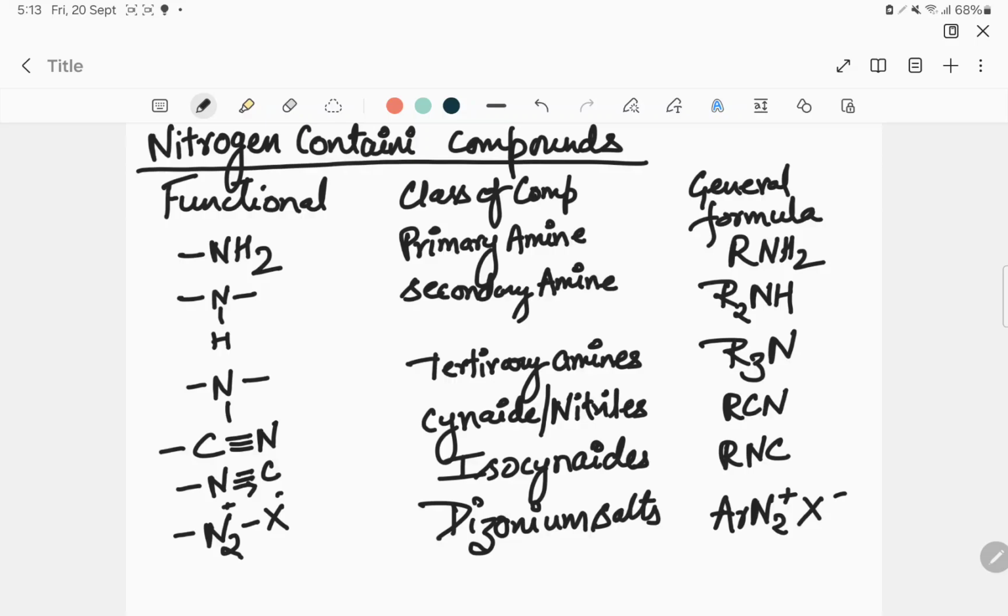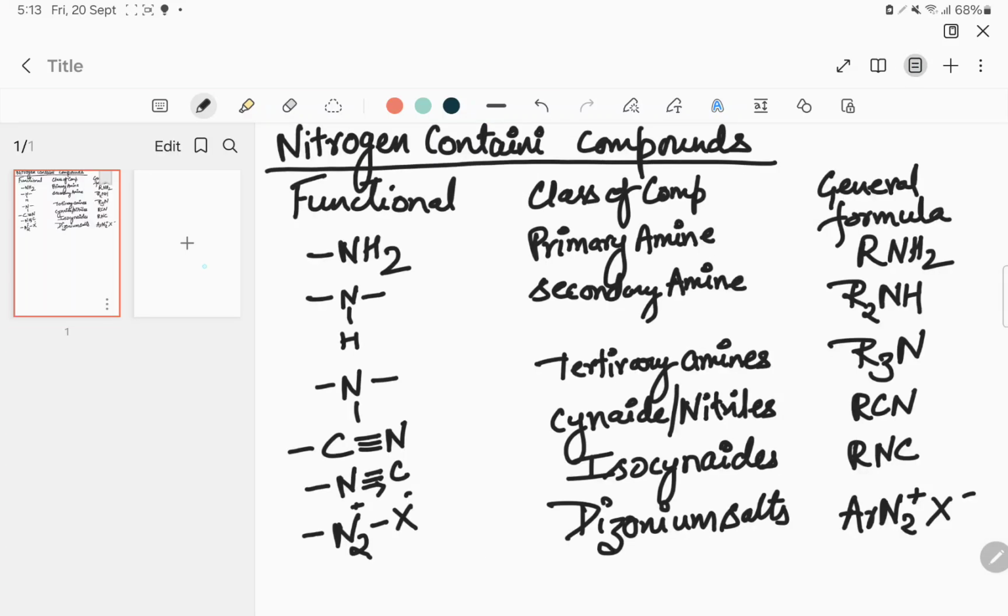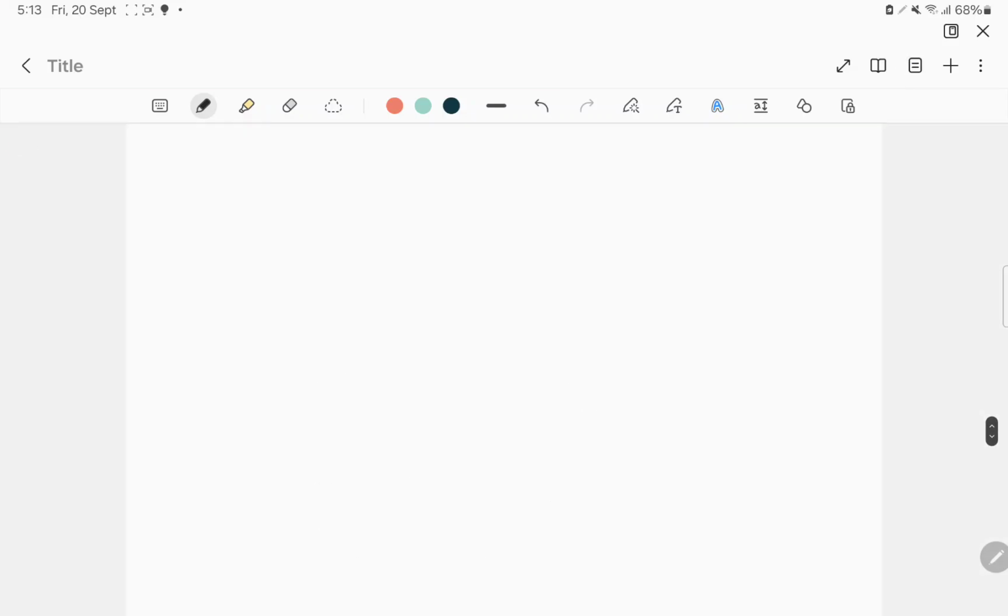So all this we are going to study in this chapter. In the first part, we will only study about the amines.